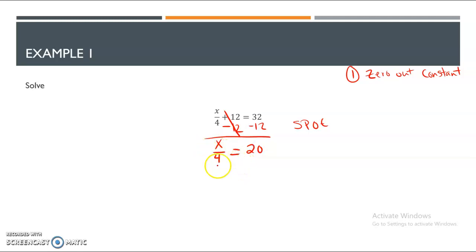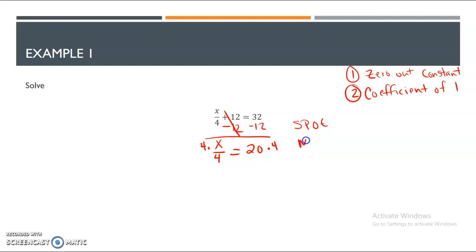Now, our second step is that we want a coefficient of 1. In order to do that, we're multiplying or dividing. Since this right now is division, the opposite would be to multiply. So I'm going to multiply, and what I do to one side, I have to do equally to the other side.